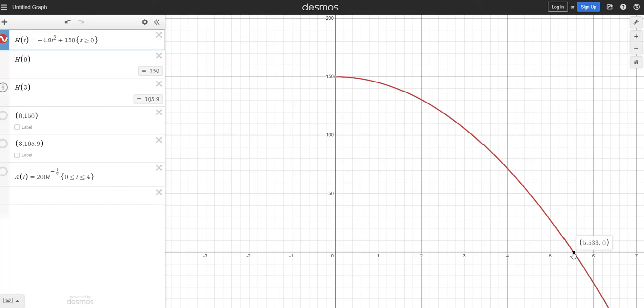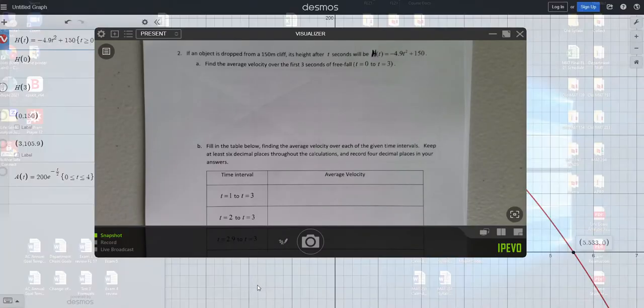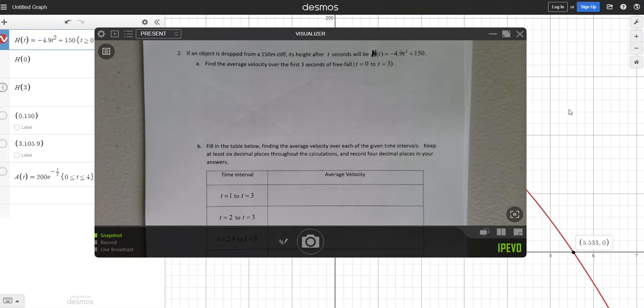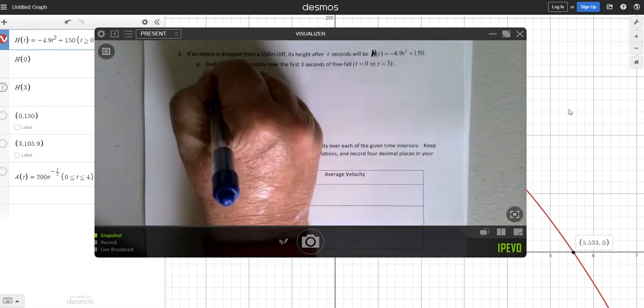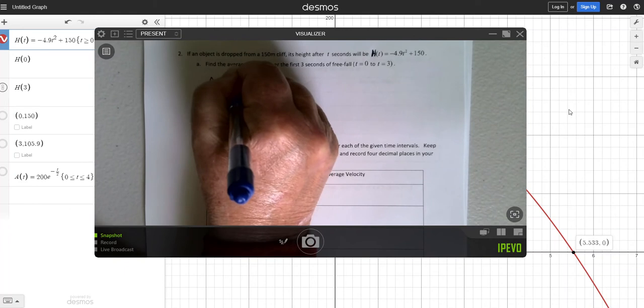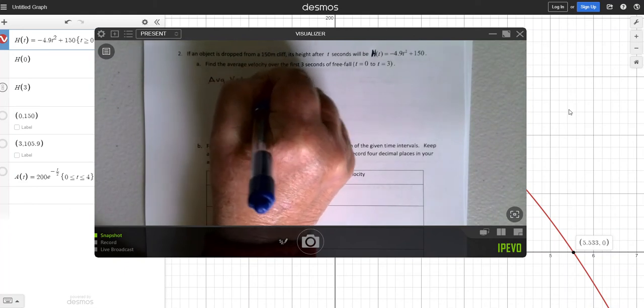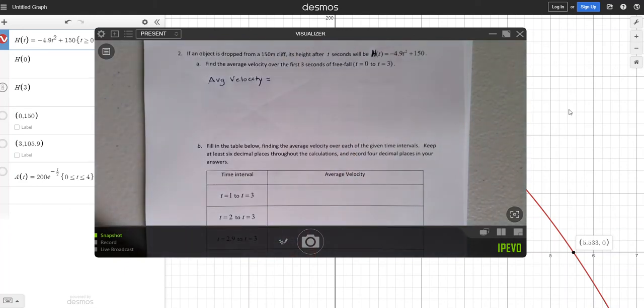All right, so the first question on our sheet was to find the average velocity over the first 3 seconds of free fall. Let's think for a moment about how we would do that calculation, and then we're going to use Desmos to help us out a little bit. So average velocity: velocity or speed is distance divided by time, right?